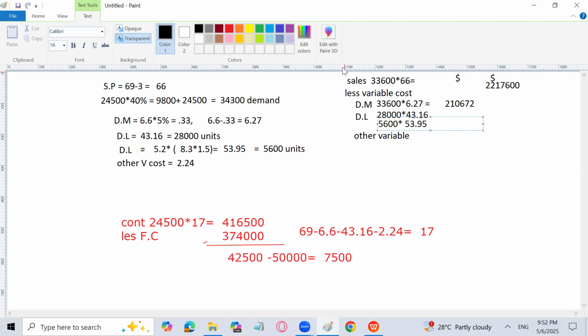You can tell me both the options, both answers. 1208480. Are you sure? We calculate it again.